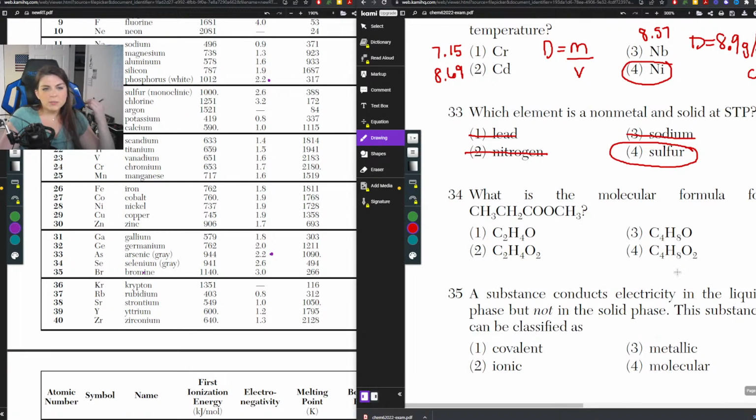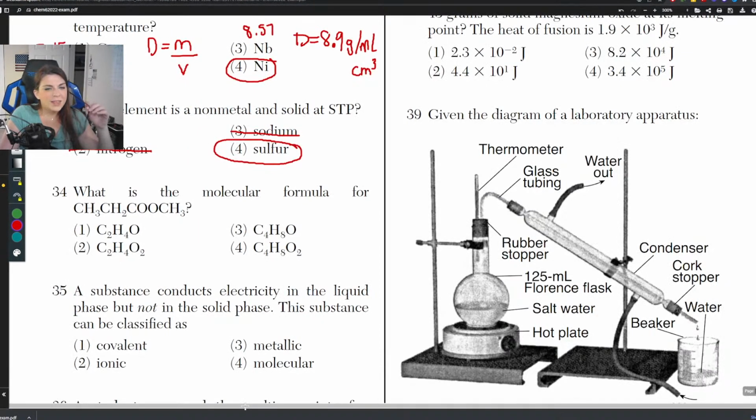34 asks, what is the molecular formula of CH3CH2COOCH3? And we're just going to count them up. So I have 1, 2, 3, 4 carbons, so I'm looking for C4. H is next. That's 3 plus 2 is 5 plus another 3 is 8.